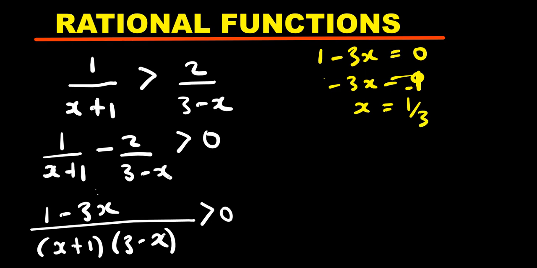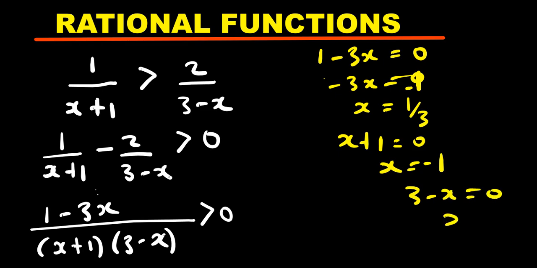Then we've got x plus 1; you also equate this one to 0, so your x in this case will be negative 1. You also have 3 minus x equals 0, so your x in this case will be 3.